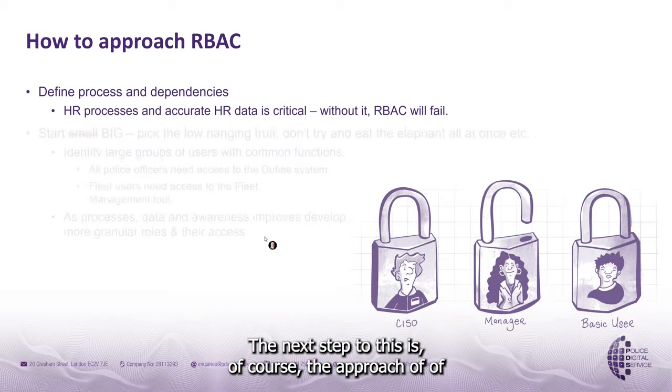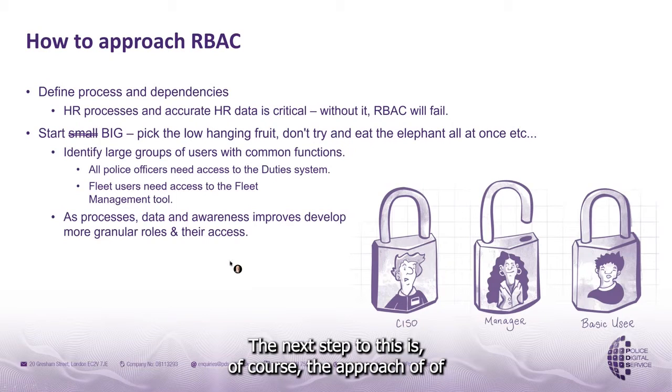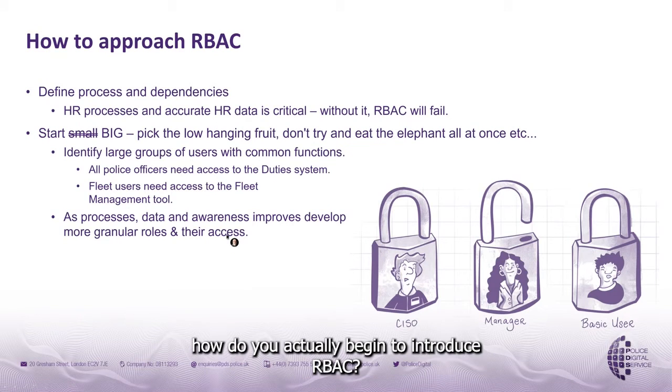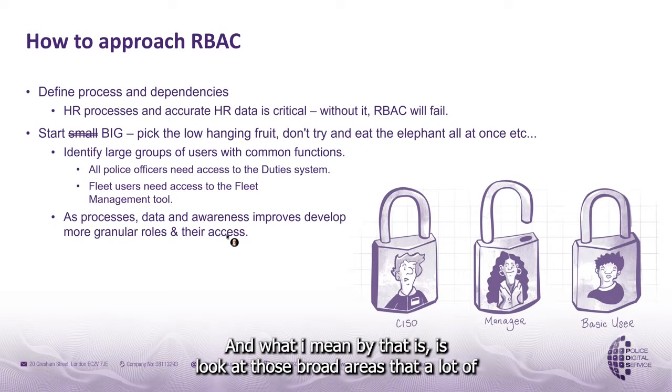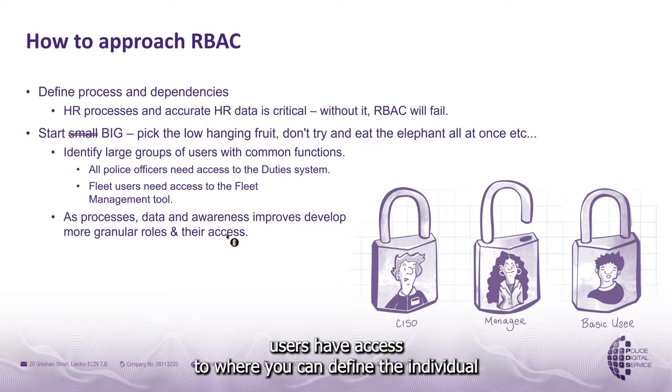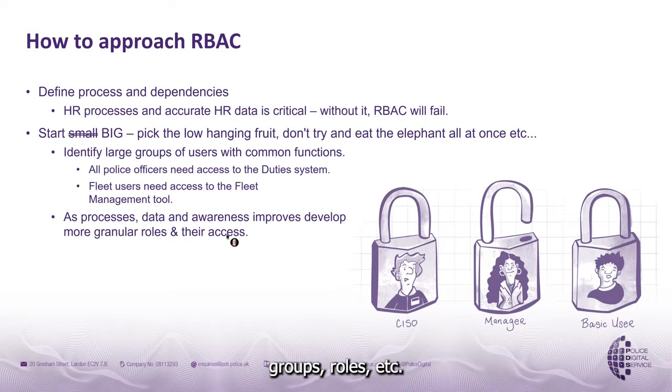The next step of this is, of course, the approach of how do you actually begin to introduce RBAC. I would say start big, and what I mean by that is look at those broad areas that a lot of users have access to, where you can define the individual groups, roles, etc. that you could use.